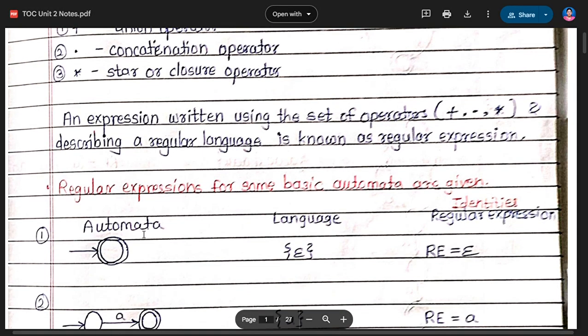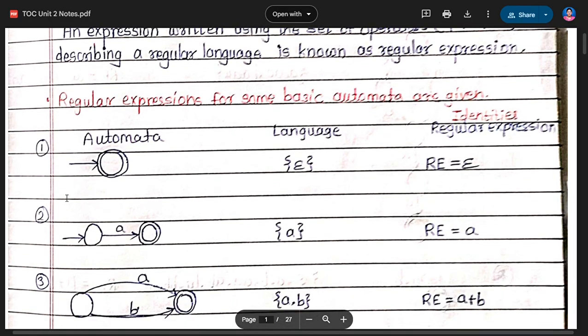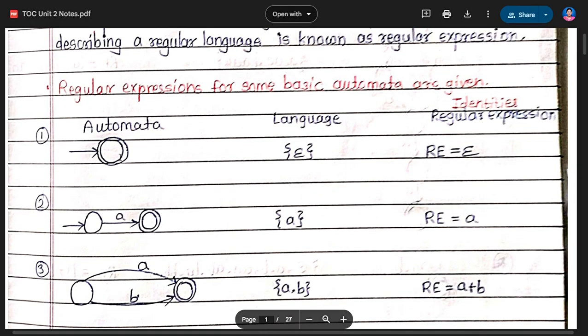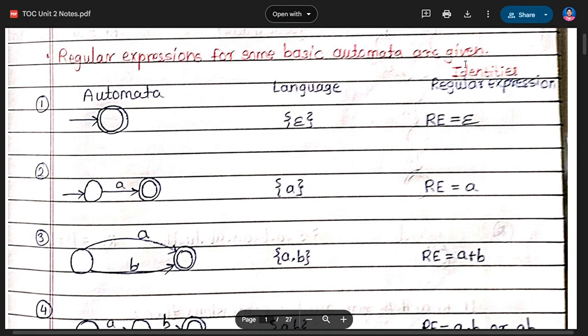Now, the regular expression for some basic automata, that is, the identities, language, and automata. First of all, we will learn about the automata, the language, and the regular expression: how the automata looks, what the language is, and how the regular expression should be written for this automata or diagram.